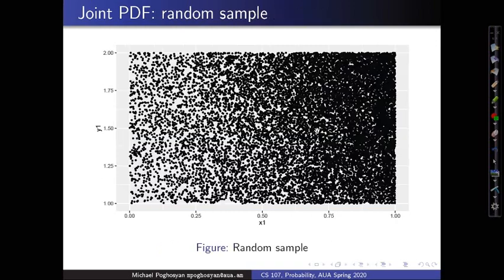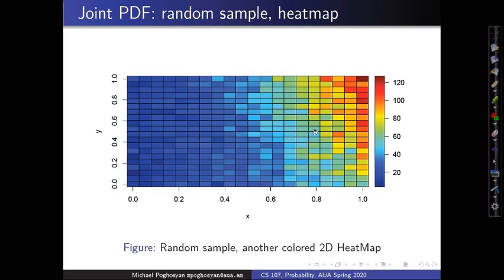I have another version of that heat map. This is another version. Well, the heat is high, so the number of elements is high here. I'm generating some points from the same distribution. So I will have a small number of points here, a small number of points here, and a high number of points at this corner.